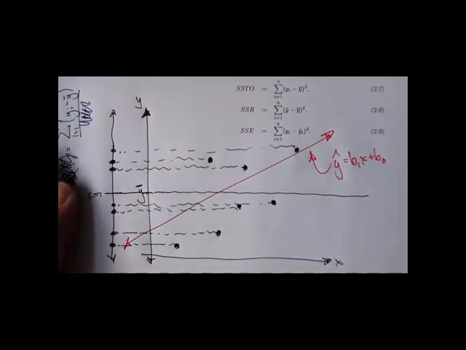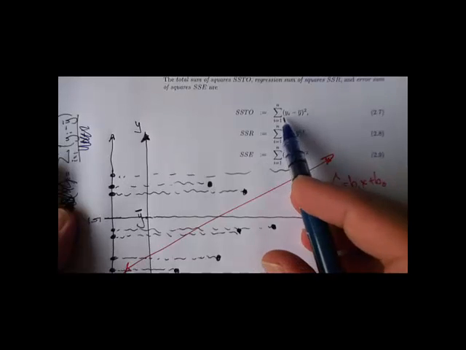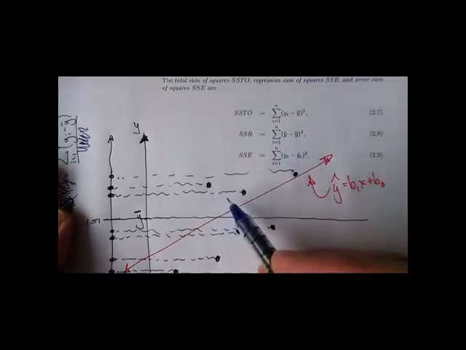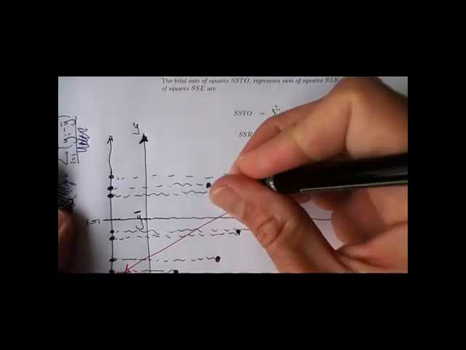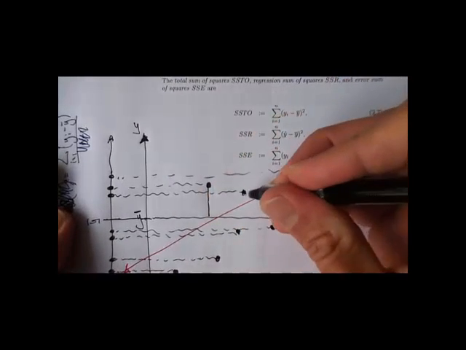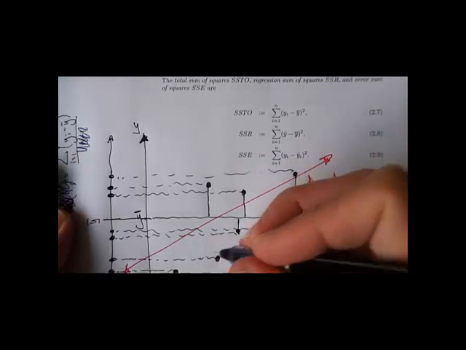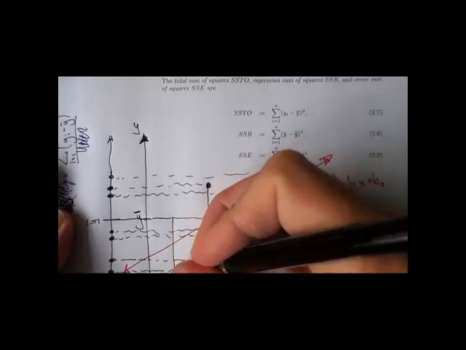So what is this SSTO? Look at it. It's the sum of squared deviations from the actual observed y values off of that average line. Here are the signed deviations. I've got 1, 2, 3, 4, 5, 6, 7 of them.